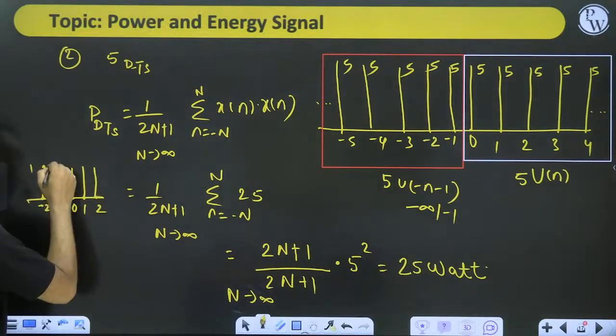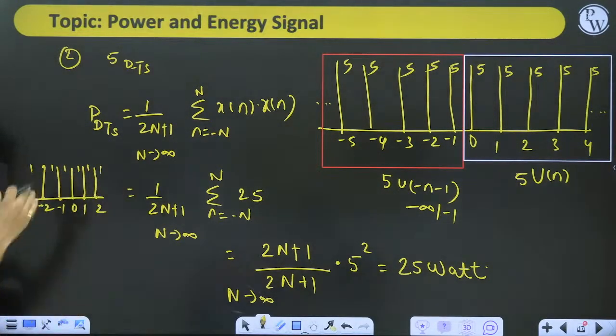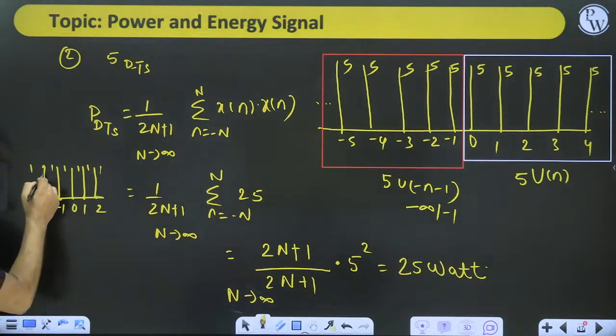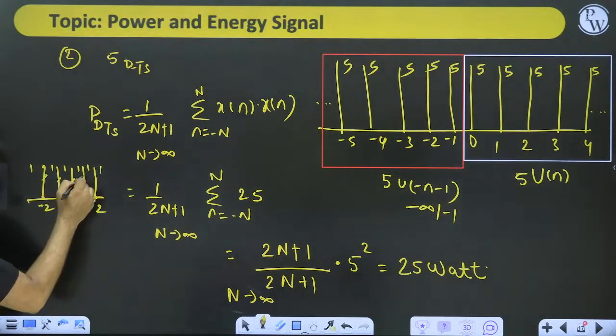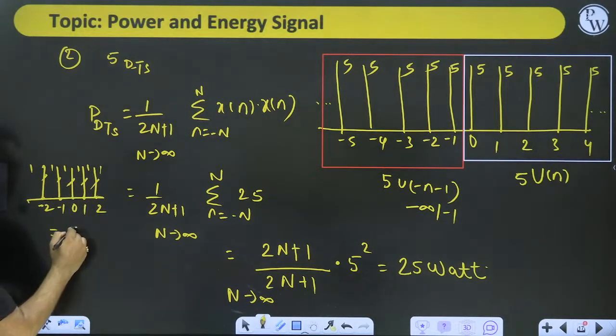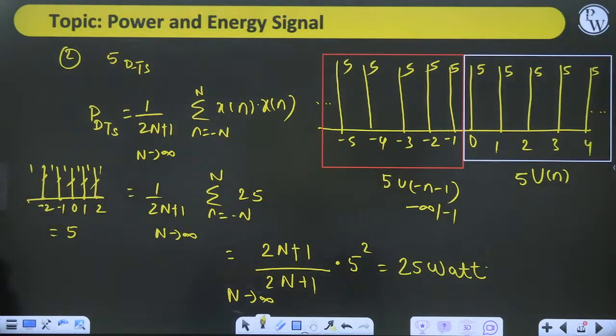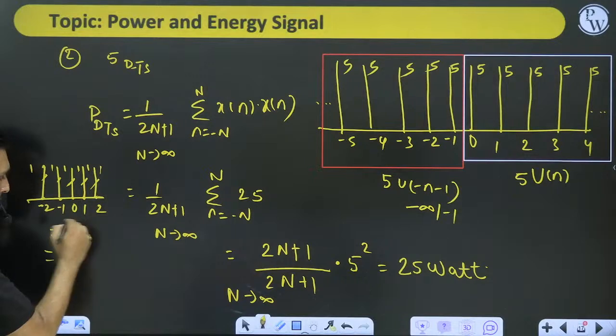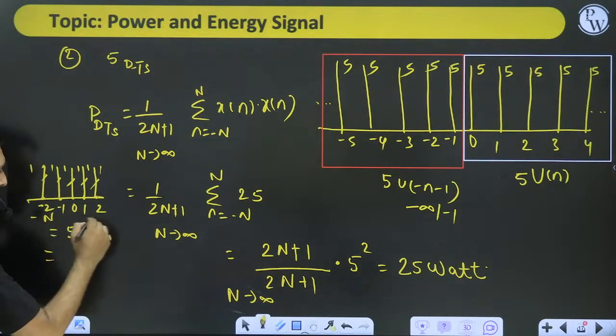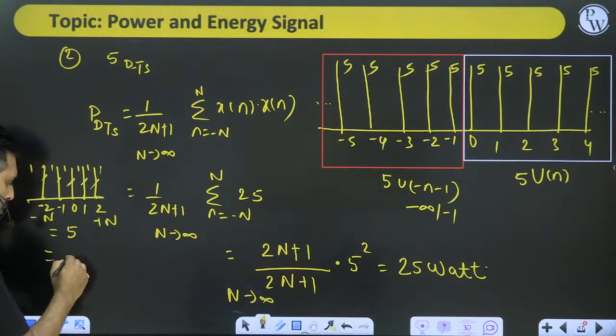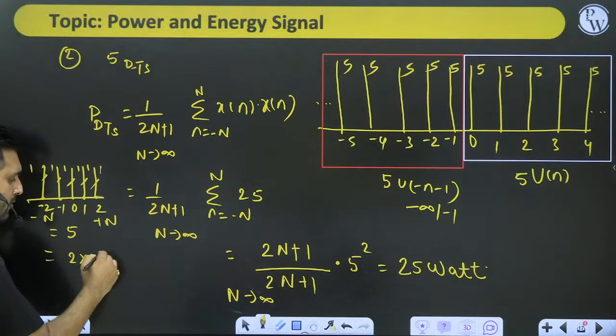Let's say 1, 1, 1, 1, 1, because 2 will come out. Then what's the answer? It is 1 plus 1 plus 1 plus 1 plus 1, which gives me 5. N value is how much? It is from minus n to plus n. N value is 2. 2 into 2 plus 1, 5.